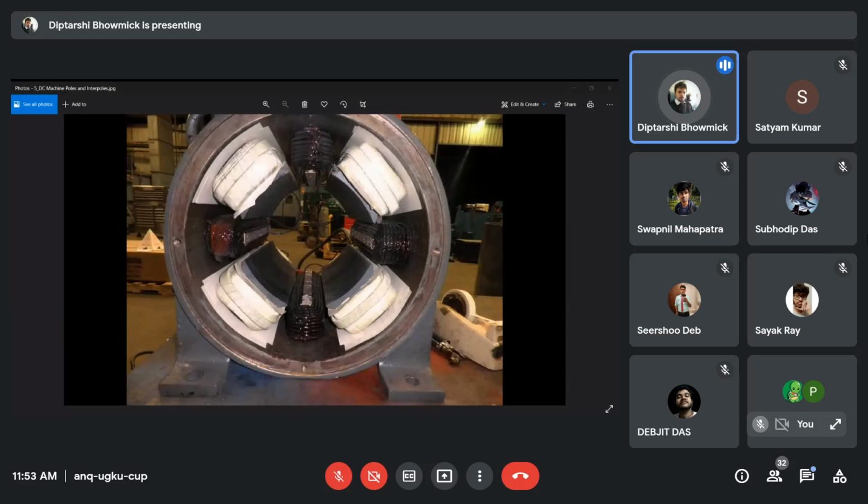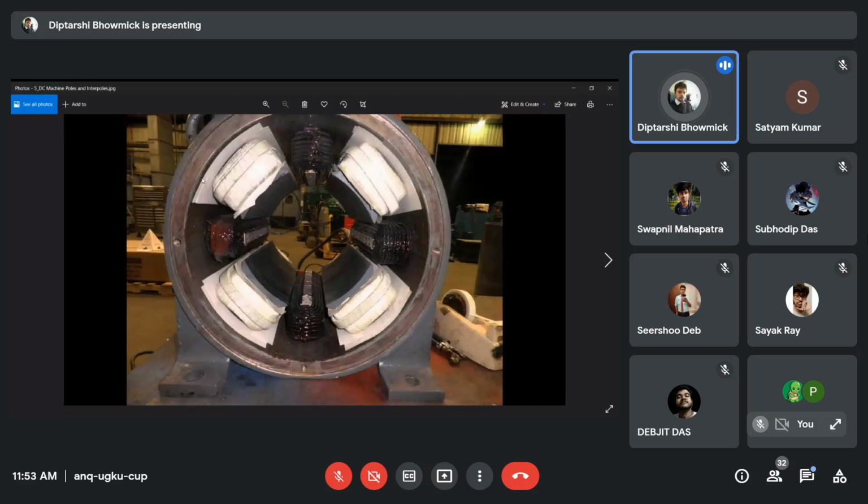Now, the next question is, are the poles laminated? Yes, of course the poles are laminated. Everything inside the machine is laminated except the core and the frame.